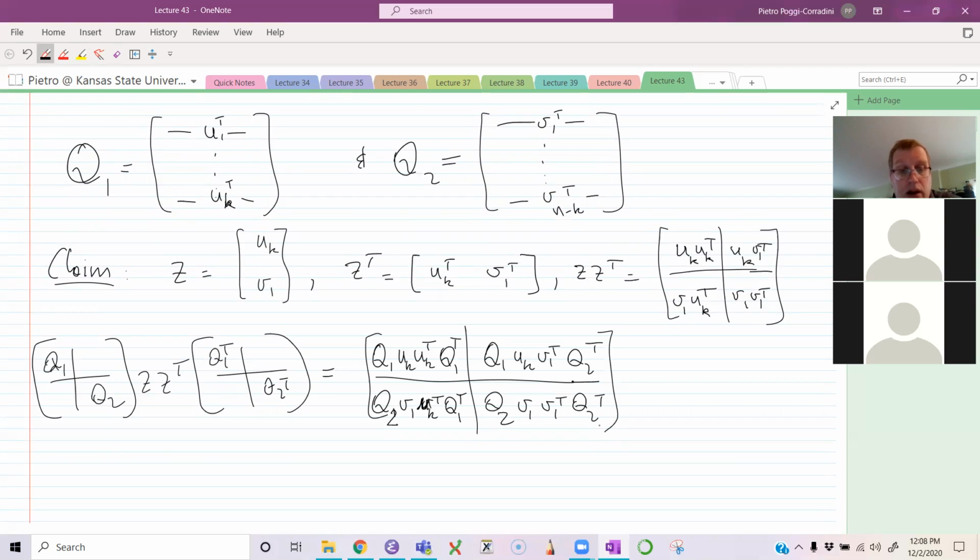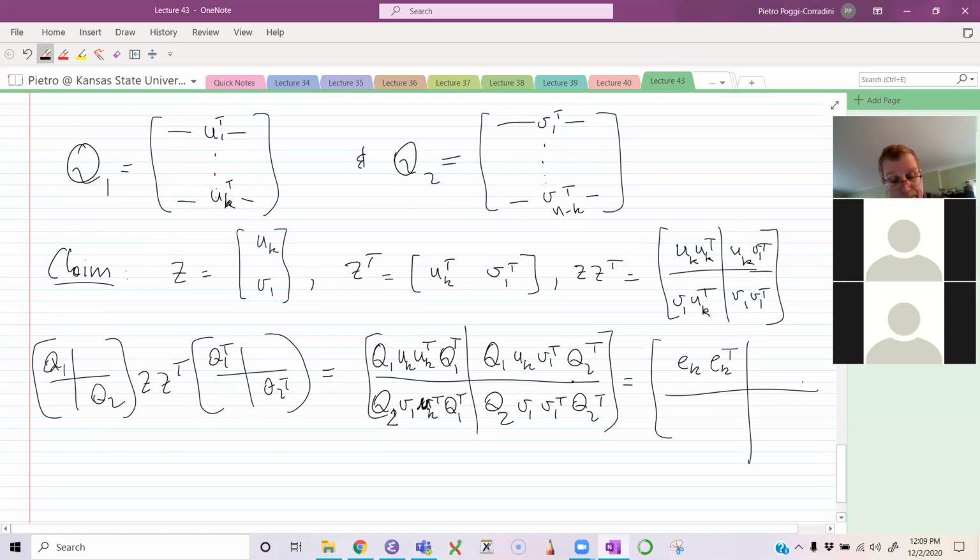All right, but let's think about it. So what is U1 transpose times U_K? Well, the U's are orthonormal. So you're going to get 0, 0, 0, 0, 0, 1, right? That's going to be E_K, basically. And then the same when you take the transpose, so E_K, E_K transpose. Likewise, when you take U2 transpose times V1, you're going to get 1, 0, 0, 0.